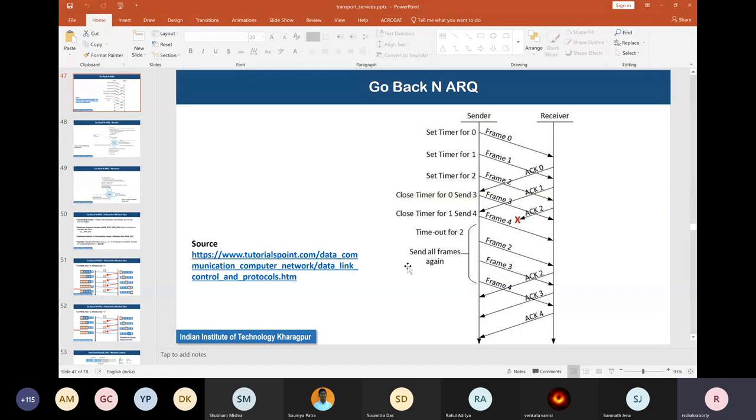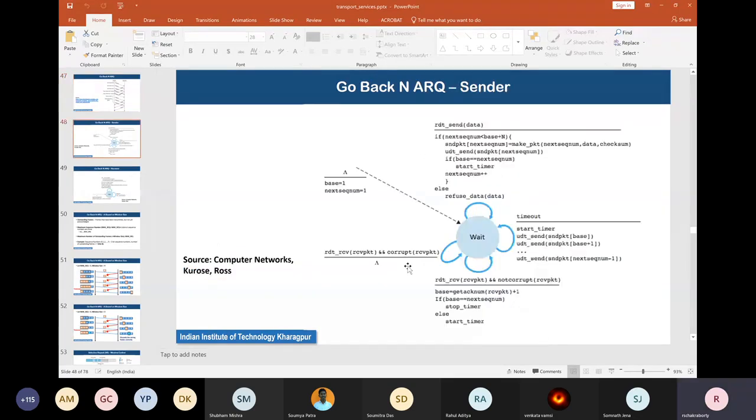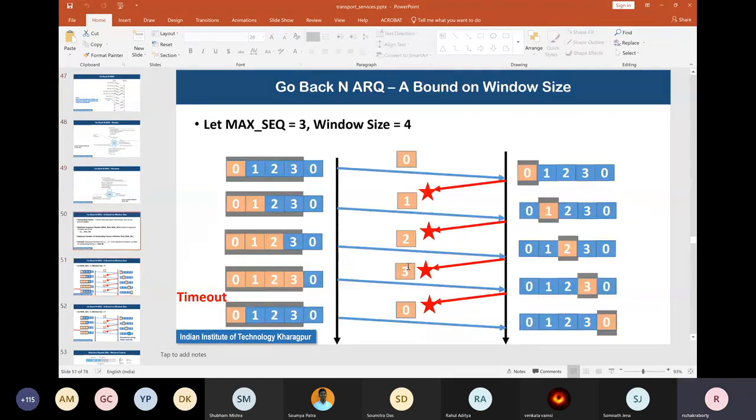So if the receiver sends acknowledgement 3, it means it has received everything perfectly between 0 and 3. So it is a cumulative acknowledgement of everything received perfectly from the beginning of the sequence number till the one that has been acknowledged. In selective repeat, that might not be the case.